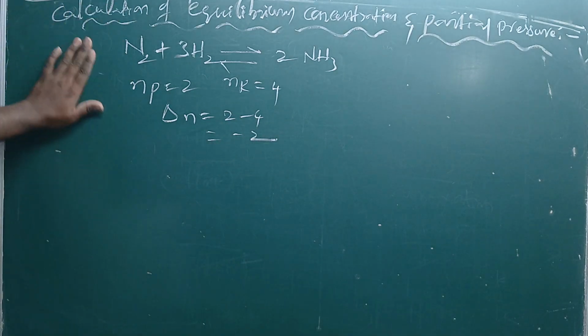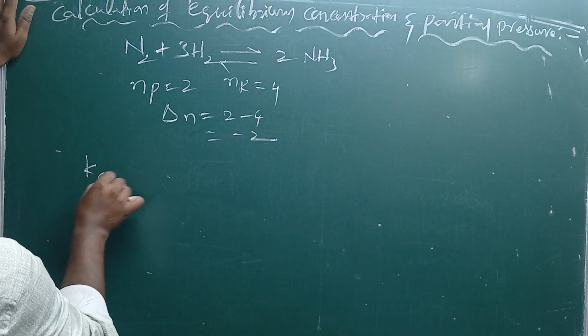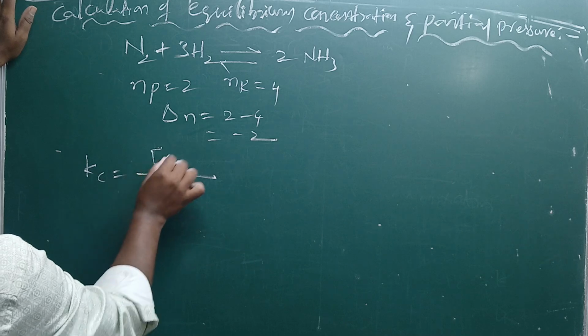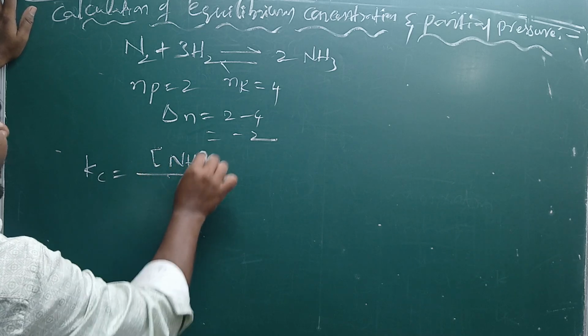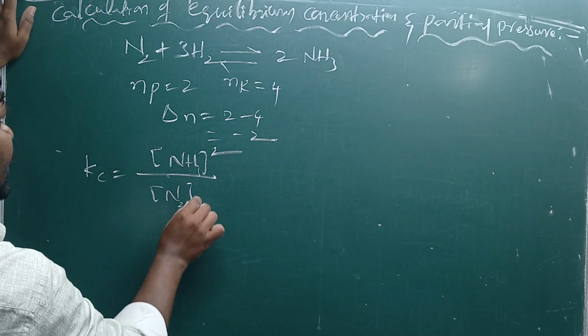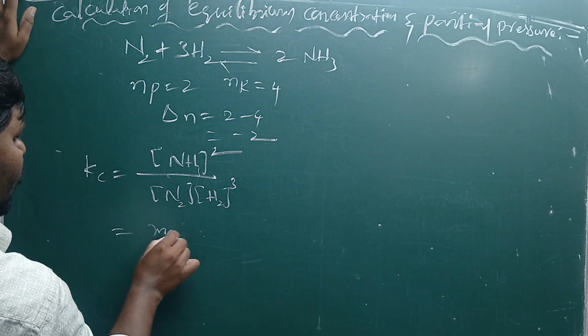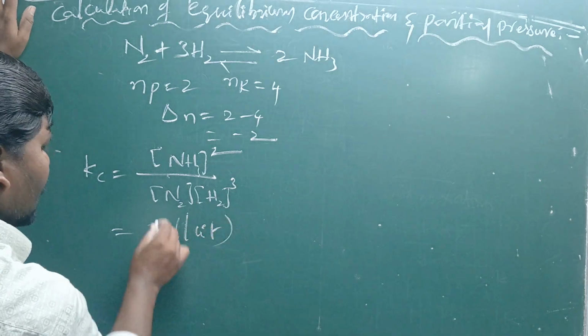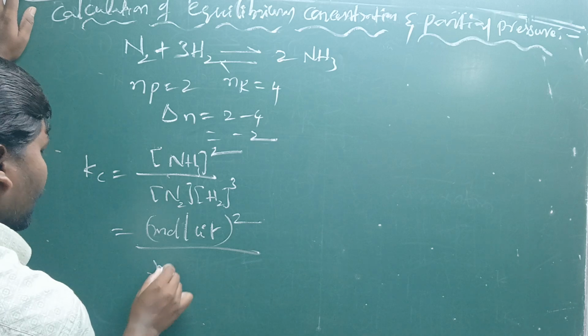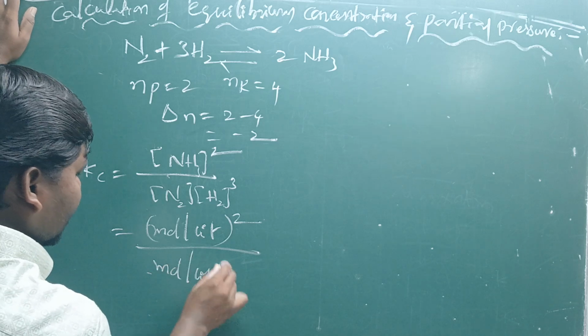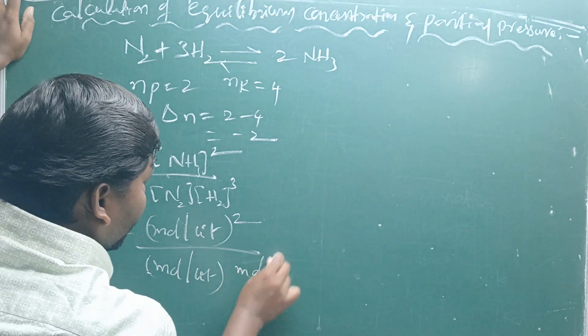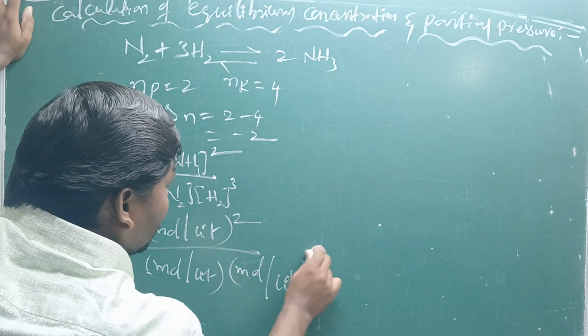How to express the units of this one? Kc is equal to concentration of NH3 power 2 by concentration of N2 into concentration of H2 power 3. Mole per liter whole square by mole per liter into mole per liter whole cube.